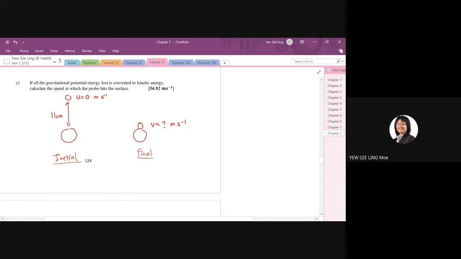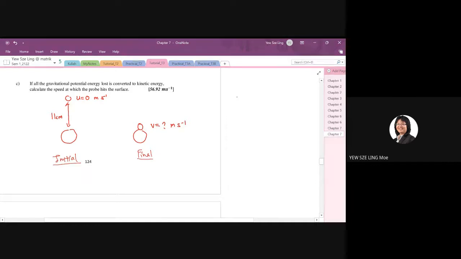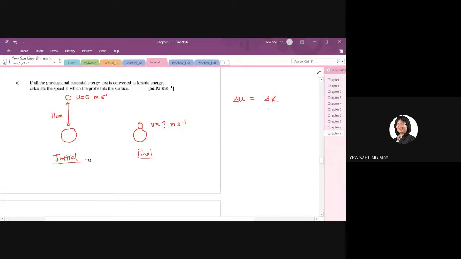So in this case, if there's no external force, there's no other energy loss, then we can assume delta U is equal to delta K. The change in gravitational potential energy is equal to the change in kinetic energy, which means all of the potential energy has been transformed into kinetic energy, because we assume there's no other external factor that will affect the movement of this probe. So delta U is equal to delta K.